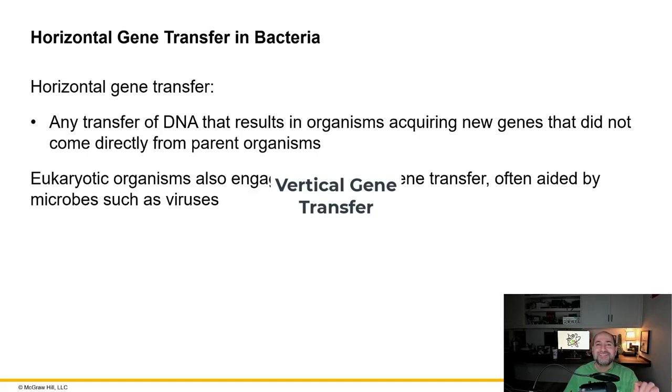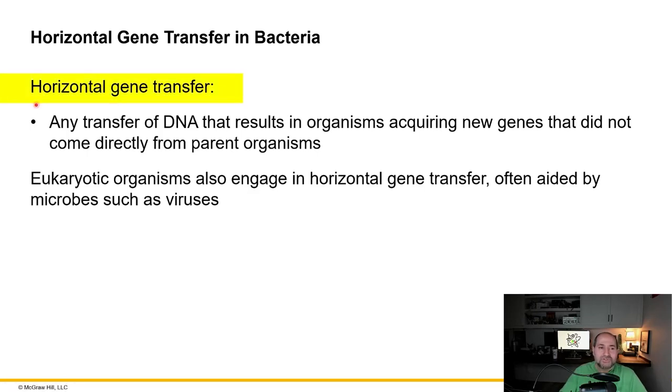But remember that bacteria can donate genetic information from one bacterium, the donor, to another bacterium, the recipient. And remember, this is not called vertical gene transfer. This is known as horizontal gene transfer. We briefly mentioned this in a previous chapter.